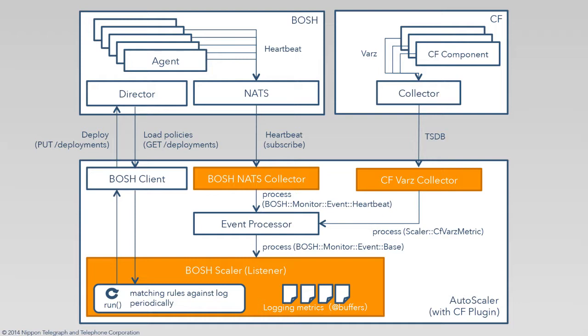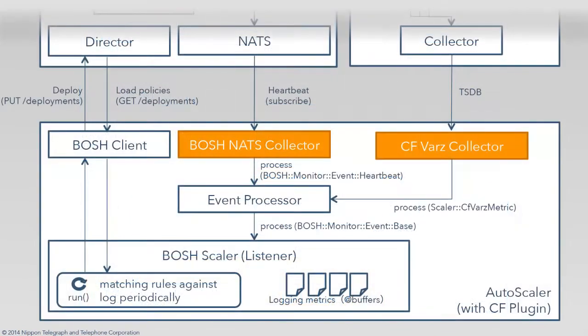With the Cloud Foundry plugin, you can also use the CF collector. With this collector, you can use various metrics which you can retrieve from the collector component of Cloud Foundry.